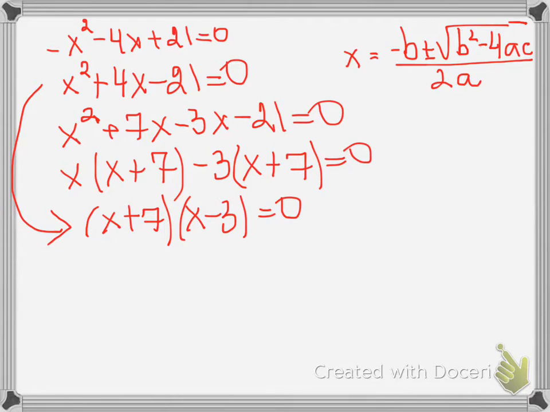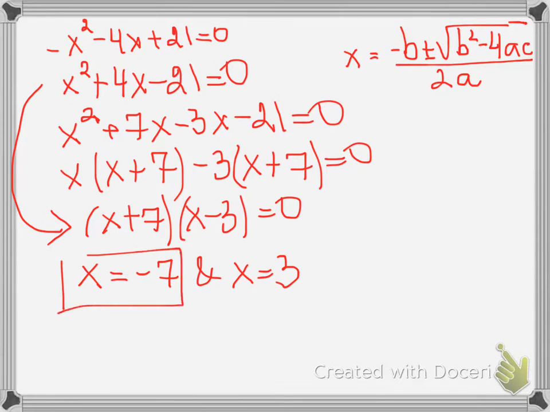We wanted to factor because from here we can solve the equation. Our x-intercepts are x equals negative 7 and x equals 3. So these will be our x-intercepts or our zeros.